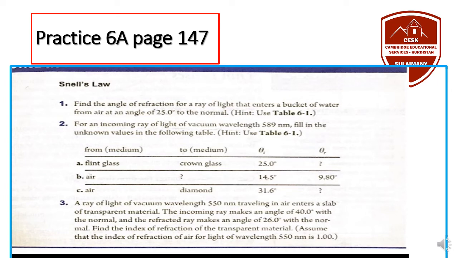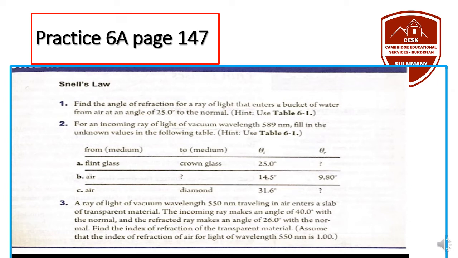Question 3, a ray of light of vacuum wavelength 550 nanometer traveling, all this extra information, in air. See, this is important. In air, so N1 equal 1, enters a slab of transparent material. If you remember, one condition of refraction is that it should be transparent material.